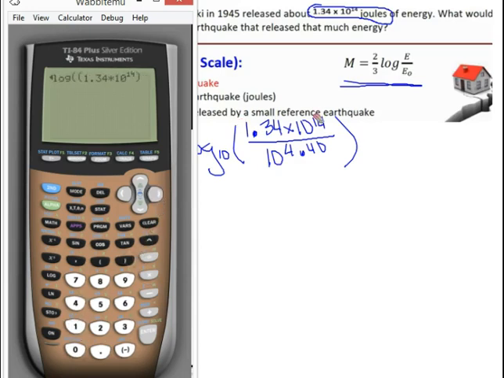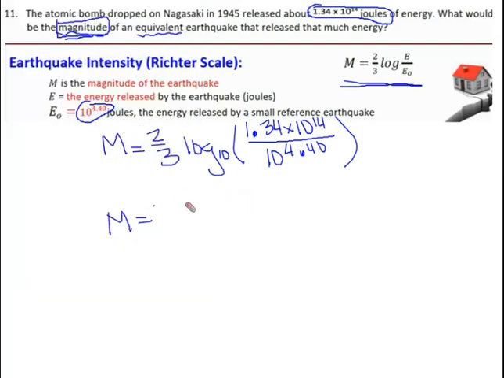That's my top piece in parentheses. Then I'm going to divide by my bottom piece, which was 10 to the 4.40. Make sure we close off all of our parentheses, the one from the 10 and the one from the log. So really simple plug and chug into your calculator, looks like 6.48 about.